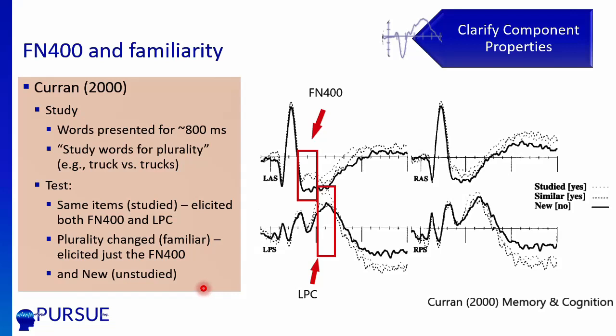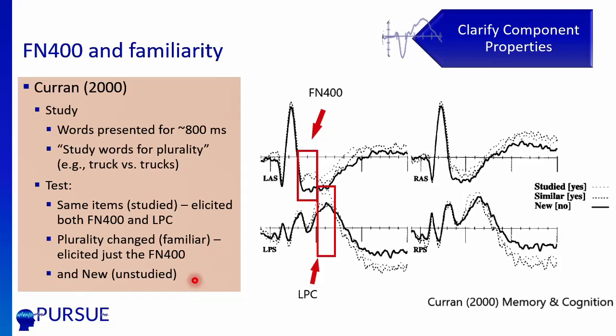But he also put on this test some words where the plurality changed. Like if you studied truck, it would be trucks. So this word wasn't actually studied, but it was similar. Those similar items elicited the FN400, but they didn't elicit the LPC. So this suggested that the FN400 existed, that it was separate from the LPC, and the interpretation based on the study was that it was related to familiarity.